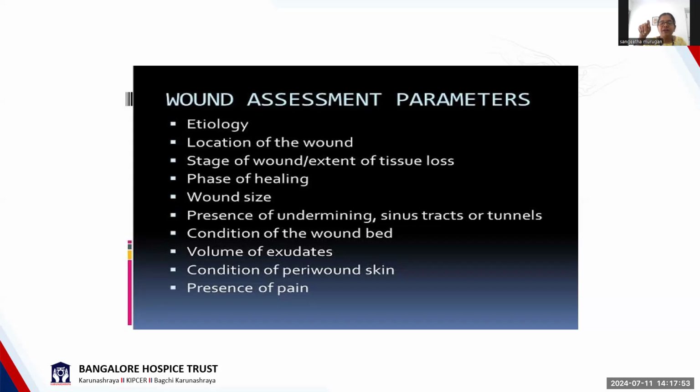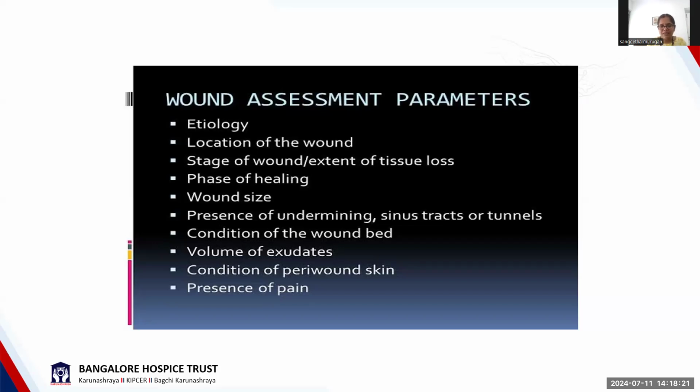Whenever you do the assessment, it's not only the wound bed; you should see the surrounding area. If the surrounding area is healthy, it means the wound doesn't have any complication. If the surrounding area is unhealthy, maybe with edema, hyperkeratosis, or inflammation, what happens? It shows the chance of infection and spreading of the wound. So that is also a consideration, and you need to check that.